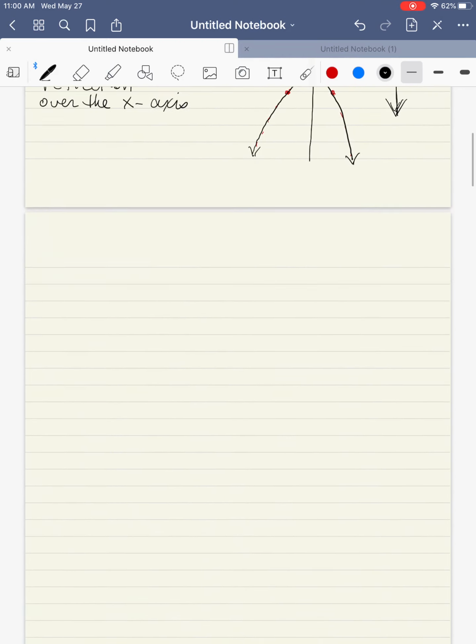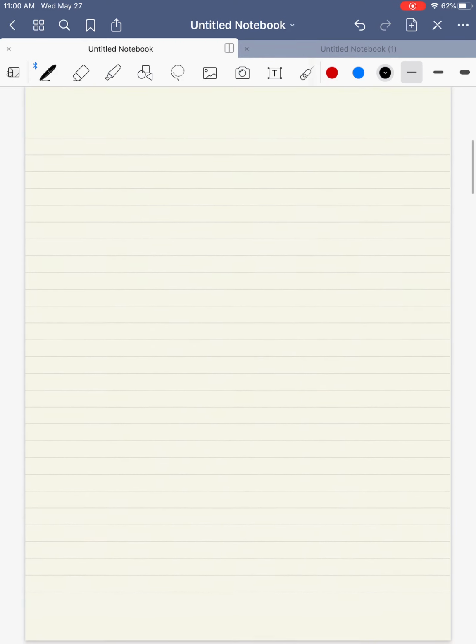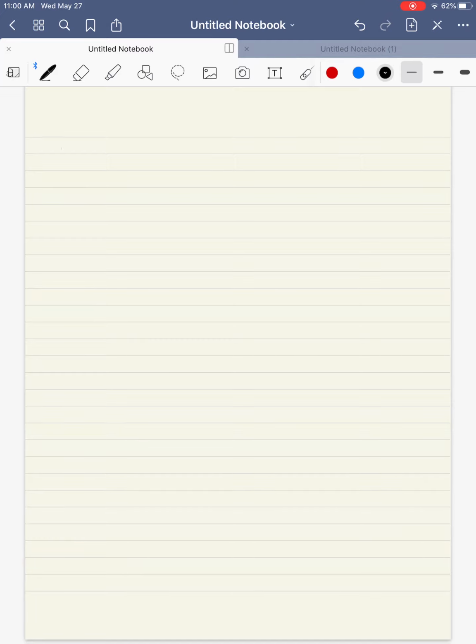Let's look at another example of that. Let's say that we have our function, g of x is equal to negative cube root of x. And what I'd like you to do is identify the basic function that this looks like.